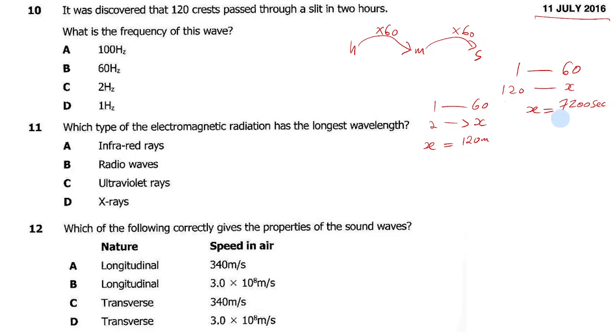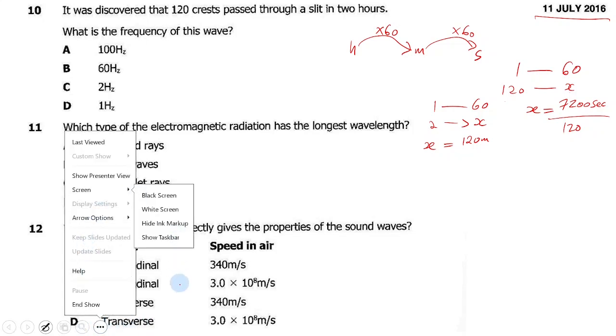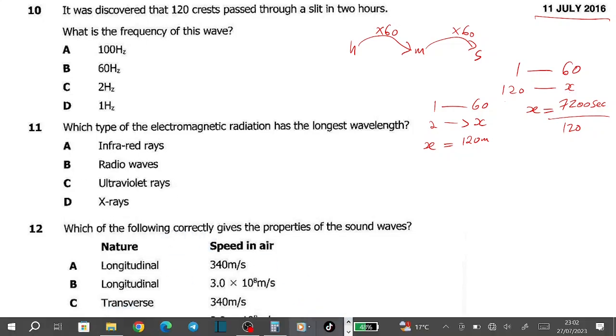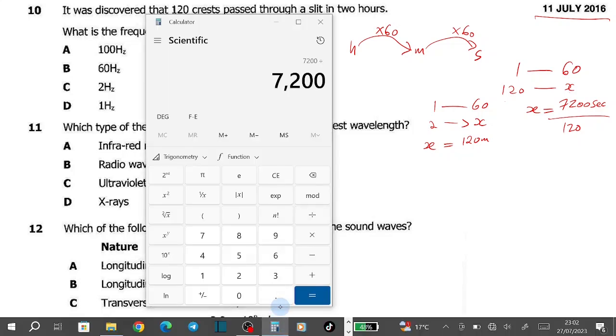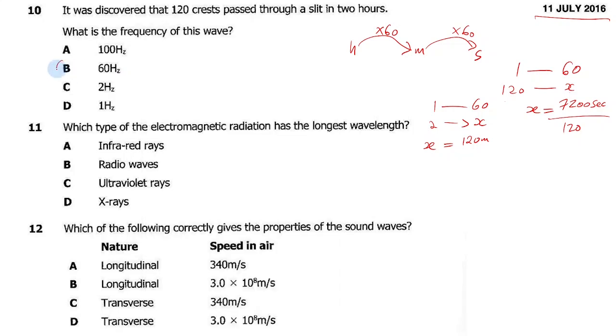Frequency is the number of complete waves in a second. Now these crests, we take them as waves. And this is the total time now provided. So total time divided by 120. So if we divide it by 120, it should be 60. So the answer should be that.